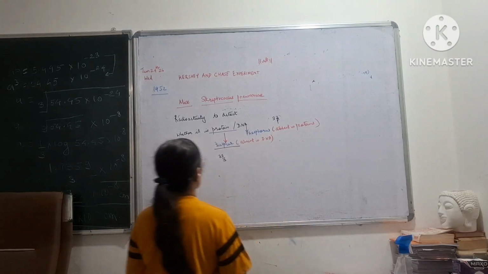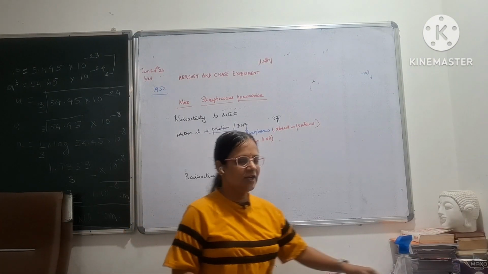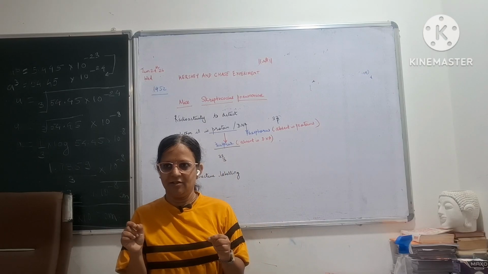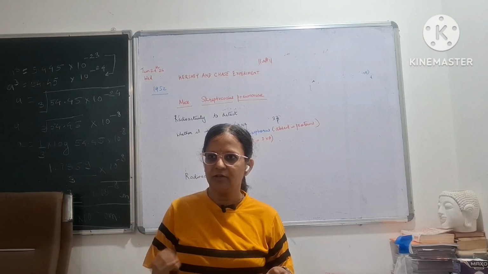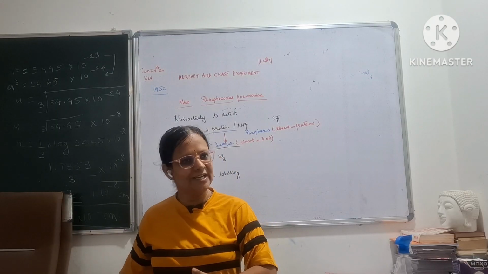Now what is this term I am using? Radioactive labeling. Labeling meaning what? Labeling meaning designation, right? You label your notebook with your name, with your standard, so that your book doesn't get lost.